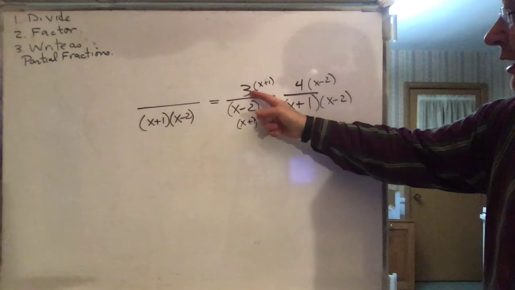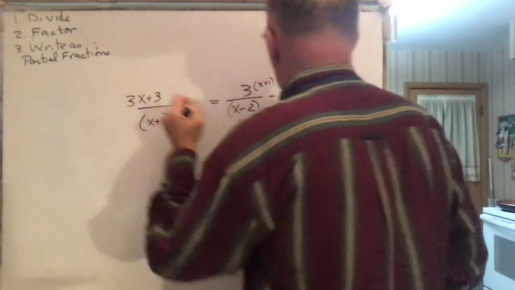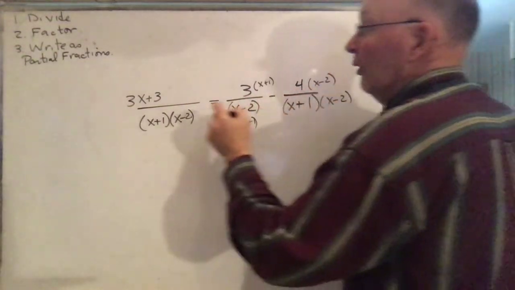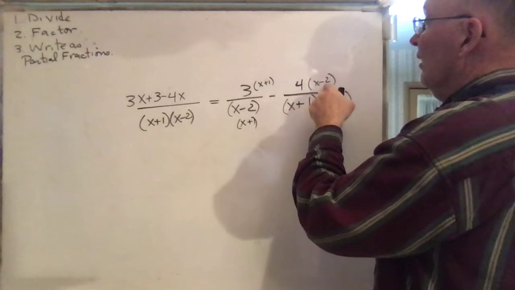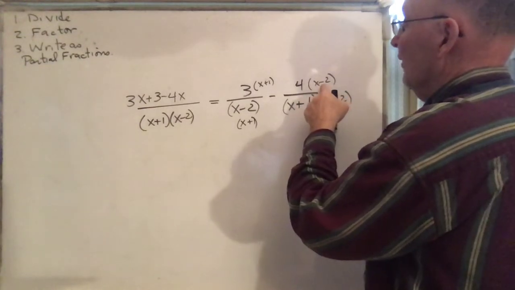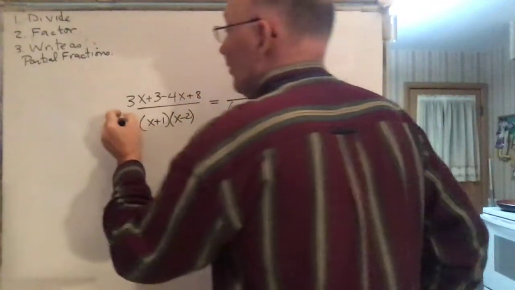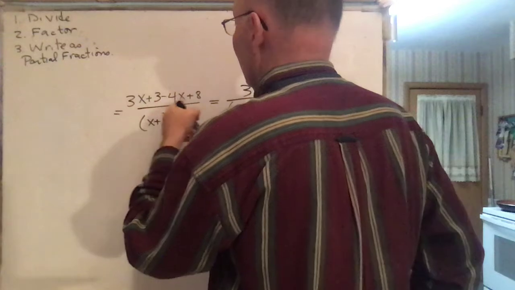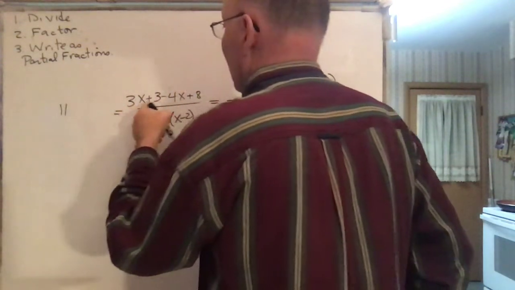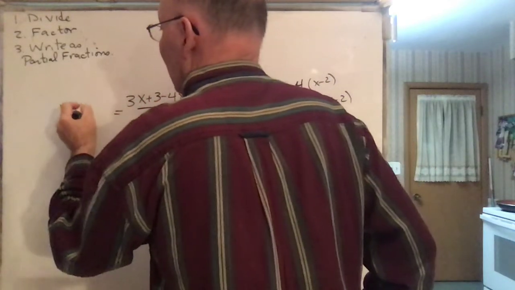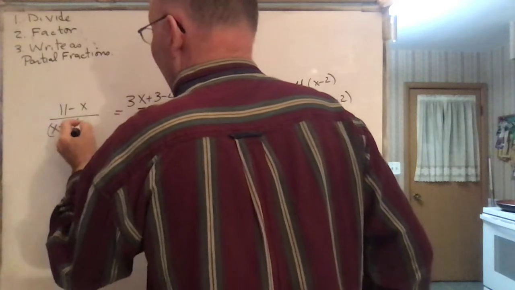I'm going to get 3x plus 3, and minus 4x, and then subtracting the negative 2 is going to be plus 8. So 8 plus 3 is going to be 11 minus x, all over x plus 1 times x minus 2.